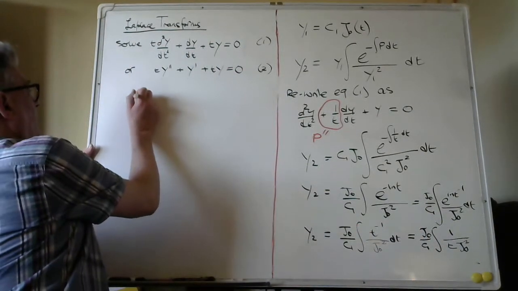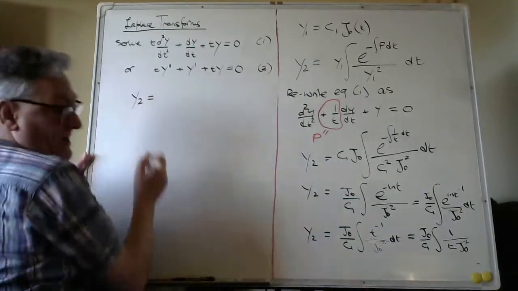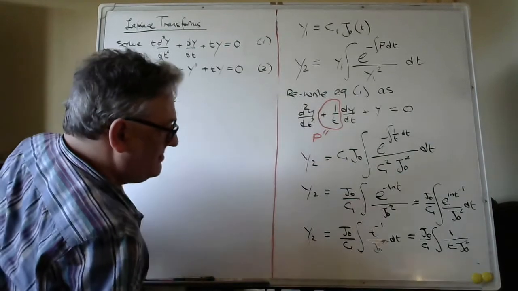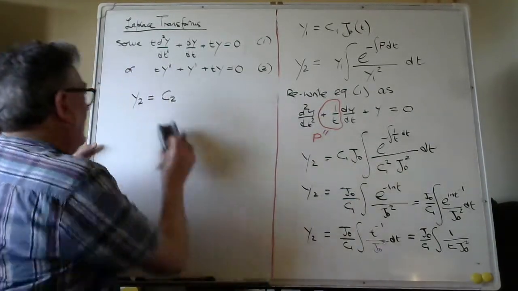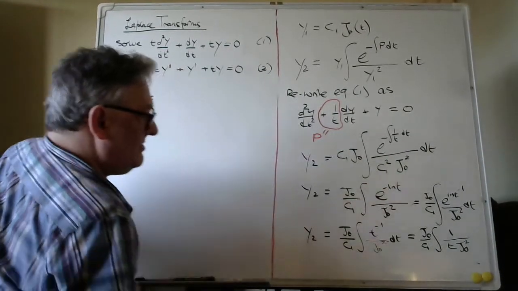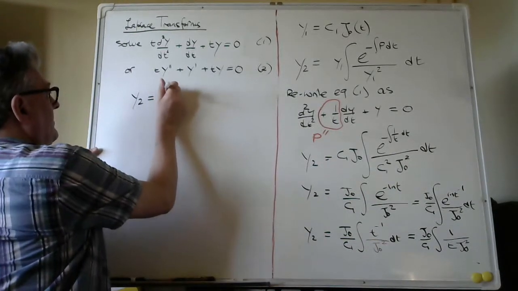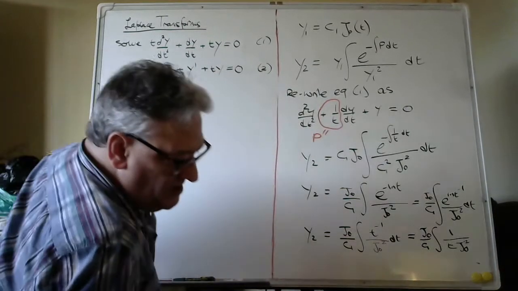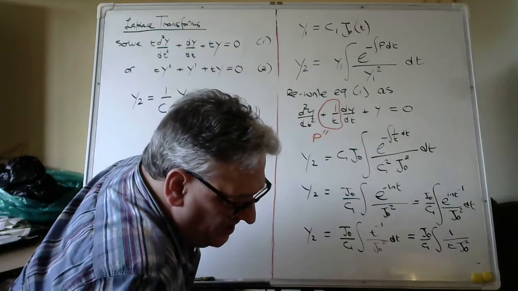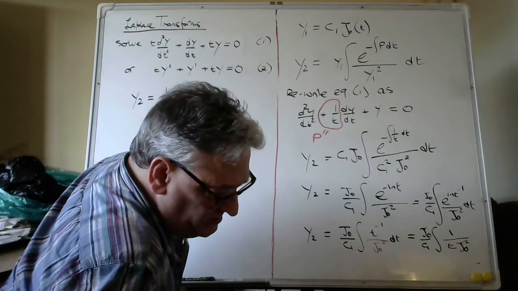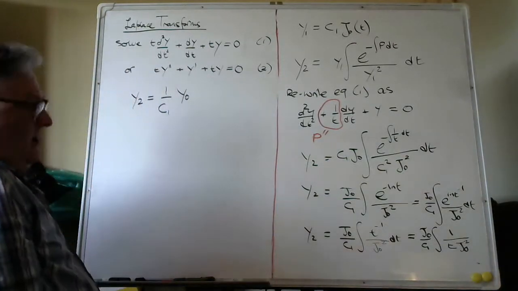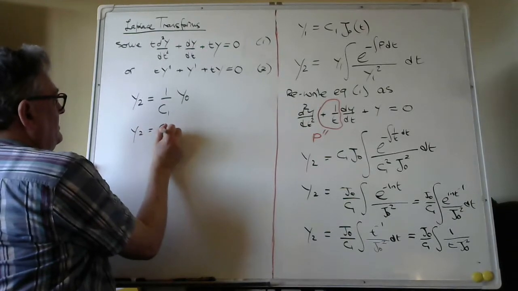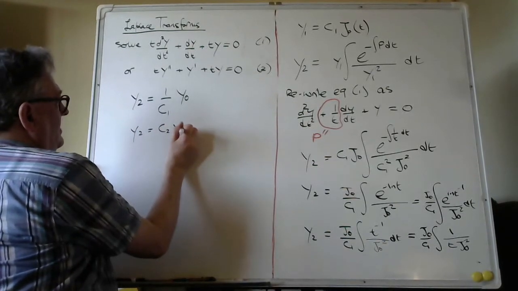And it turns out that y2 is equal to, in actual fact, 1 over c1 y of 0. Now that is another Bessel function. But we'll rewrite that as y2 equals c2 y naught.